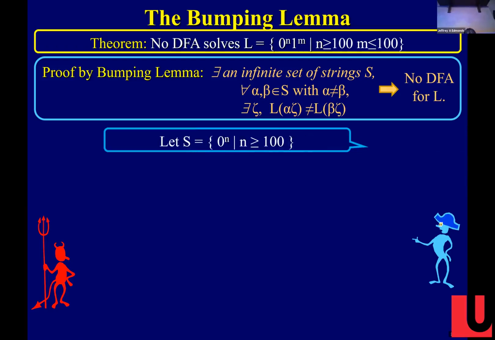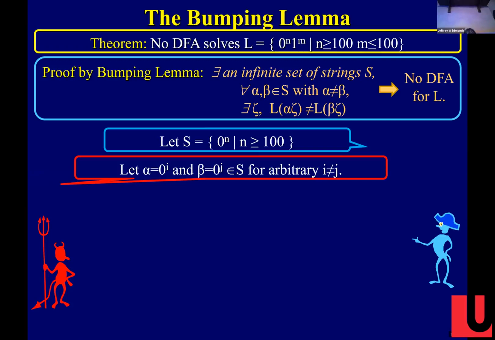So I'll do the same as I did before. Maybe I'll let any number of zeros, and then he gives me 2 strings, alpha and beta.